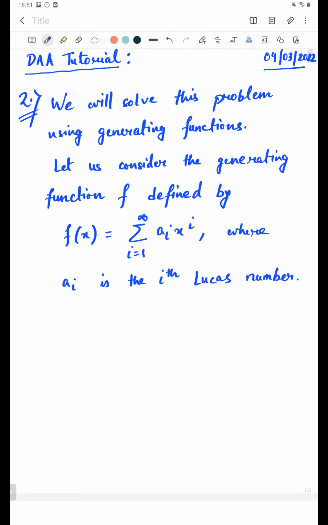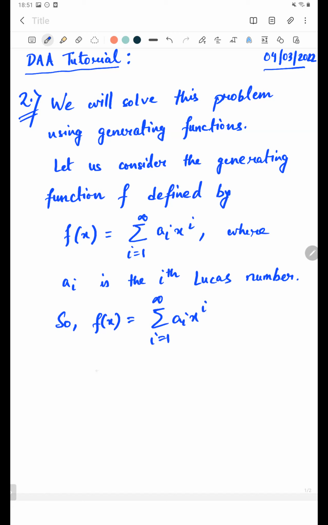Okay, so fx equals sum over i from 1 to infinity ai x to the power i.